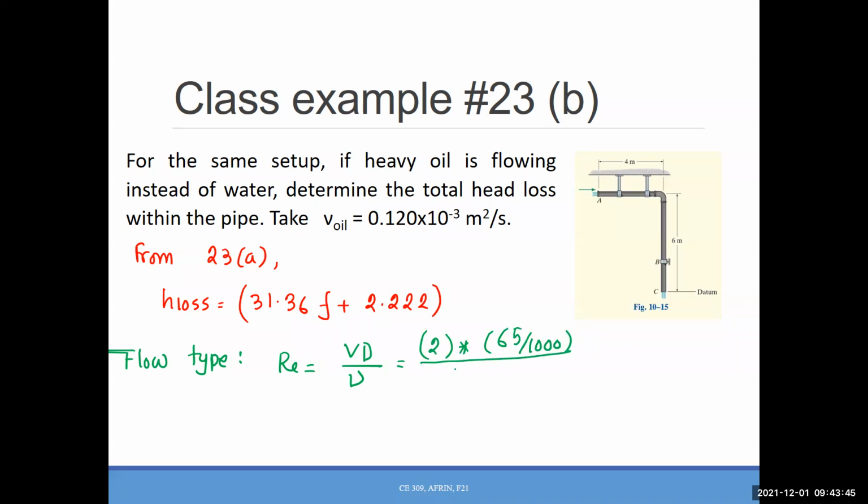And the viscosity is 0.12, 10 to the power 3. Now what is the number you got? And 1083 is actually less than 2300. That means this time the flow is laminar, it's not turbulent anymore, right?